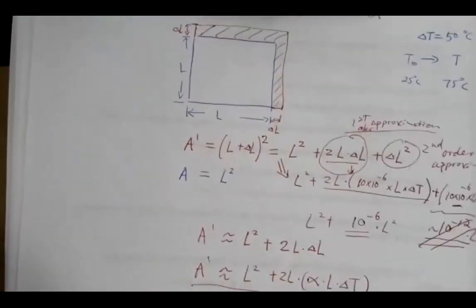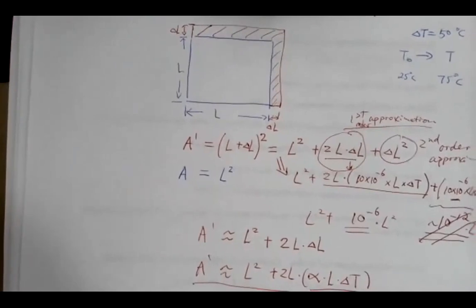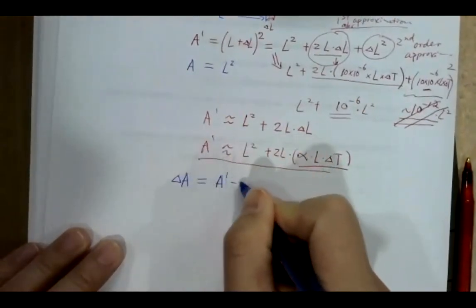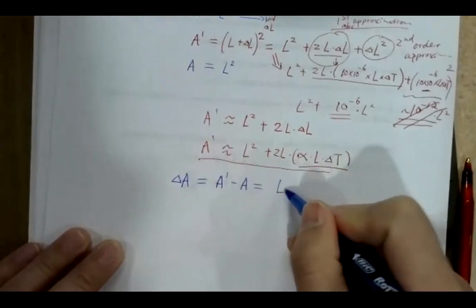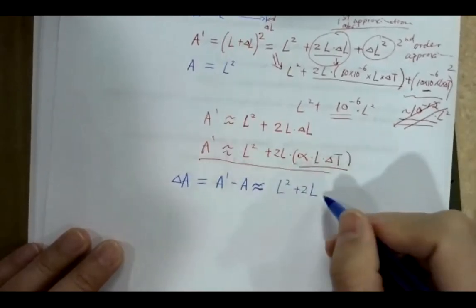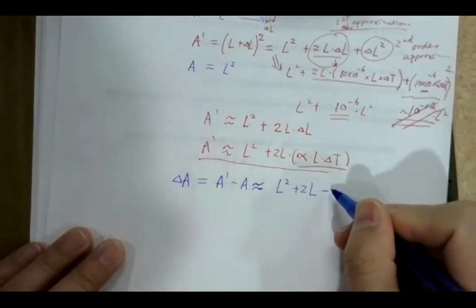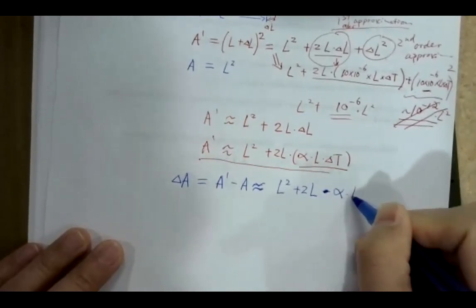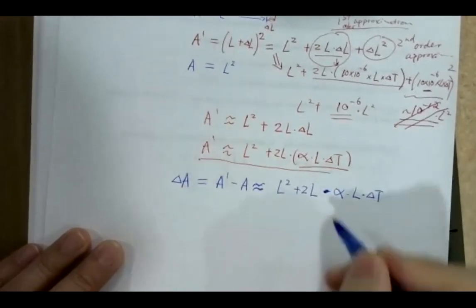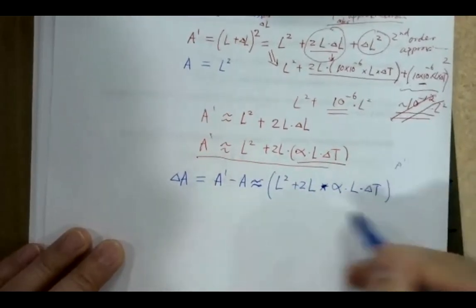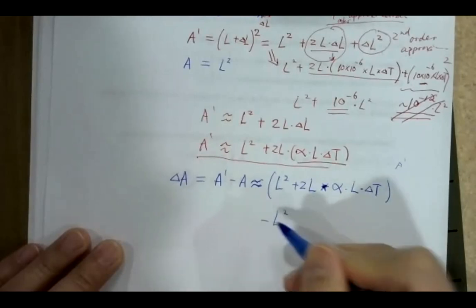Now let's take a look at the difference, the change in the area. Delta A should be equal to final minus initial. So final is L squared plus 2L times alpha times L times delta T, or actually approximately equal to that, not exactly, because there's a higher order term we ignored. This is A prime, so this is A prime minus A, which is L squared.